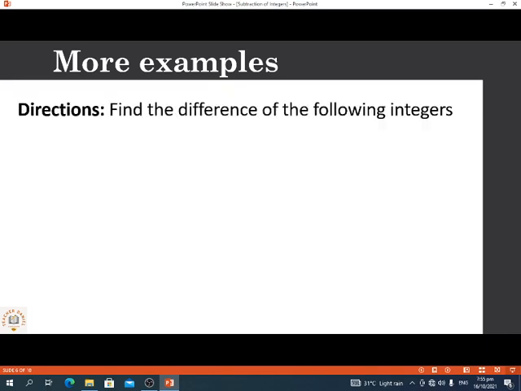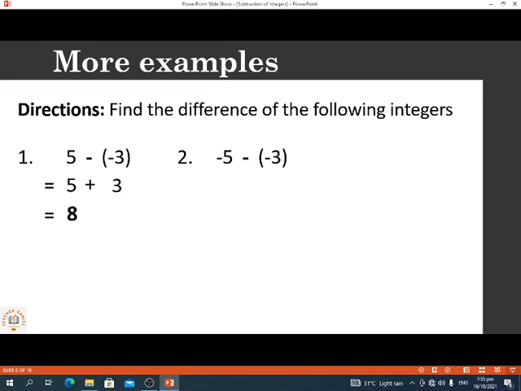Find the difference of the following integers. So number 1 is done for us. Number 2, negative 5 minus negative 3. This time, we will apply the abbreviation for the rule in subtracting integers.